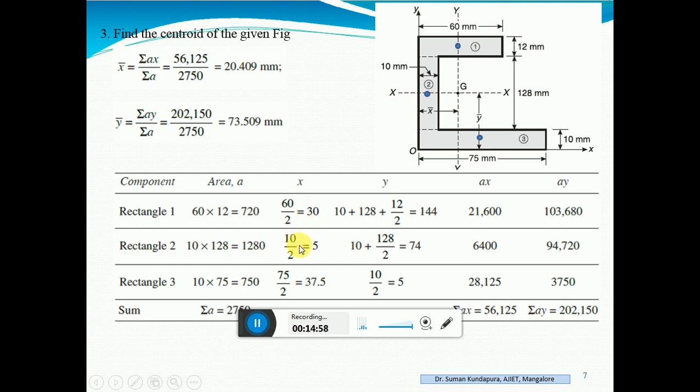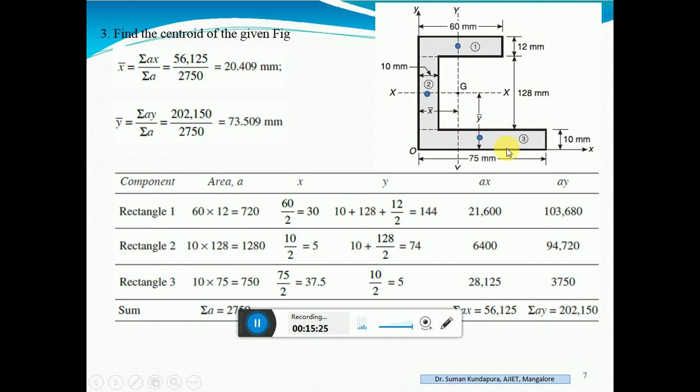Next rectangle, the second rectangle, area is 10 into 128, which is 1280. And x distance from the y-axis. The CG of this rectangle will lie midway, right? So what is this distance? Whole distance 10 divided by 2 is 5.